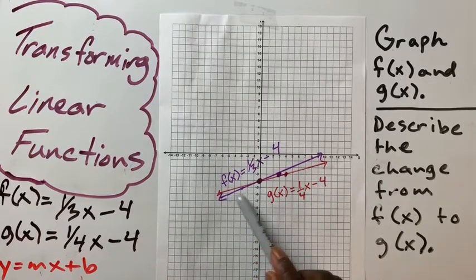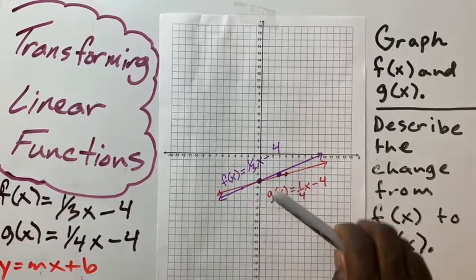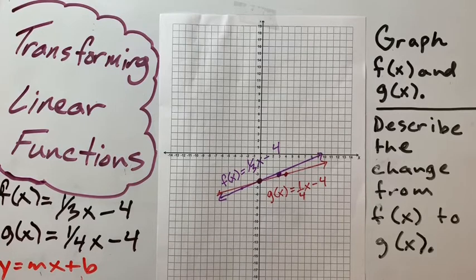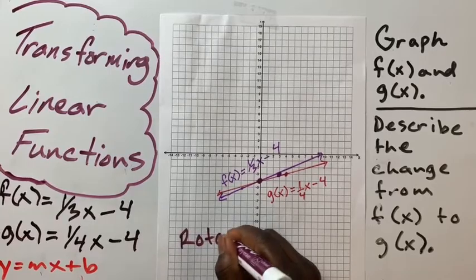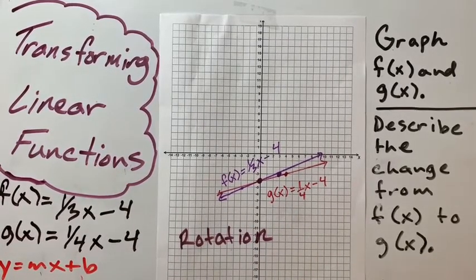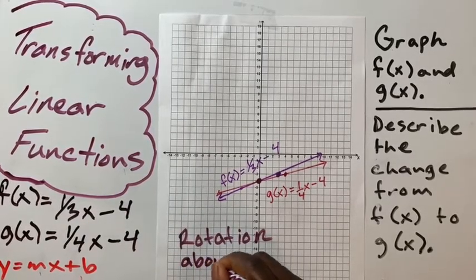If you take this purple line like that and then you turn it clockwise, then this purple line would be directly on top of the red line. All right, so we're going to call that a rotation, but I think we can be even more detailed. Rotation about, and we're rotating about what?